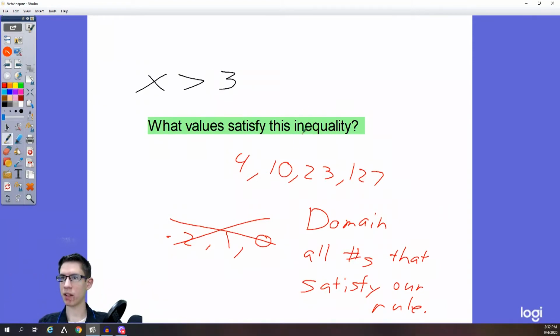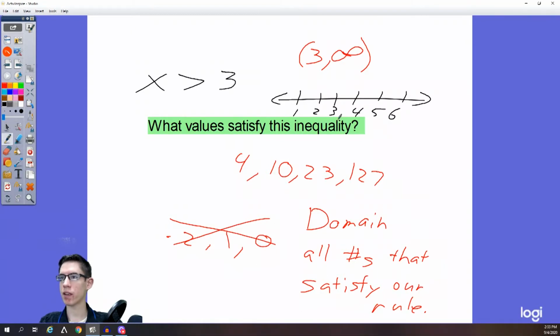and we've talked about how to illustrate this. We could use interval notation, right? Interval notation might look like (3, infinity). That's one way we've used to illustrate this. Or we might use the number line. We might go straight line, and then we'll put some tick marks. We'll say 3 is here, 2 and 1, and 4, 5, and 6.